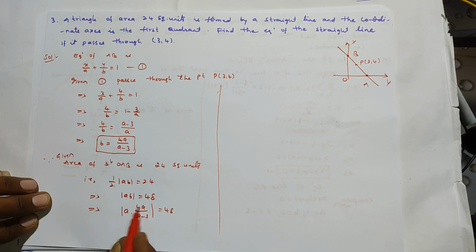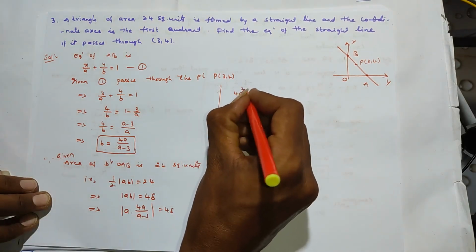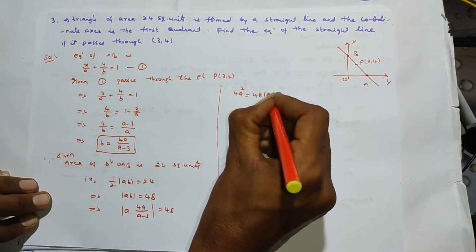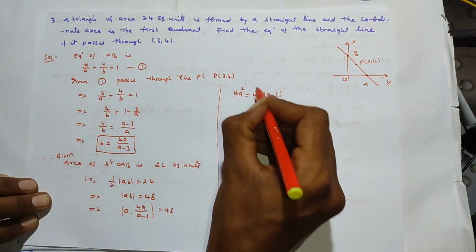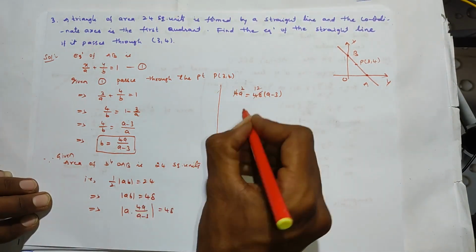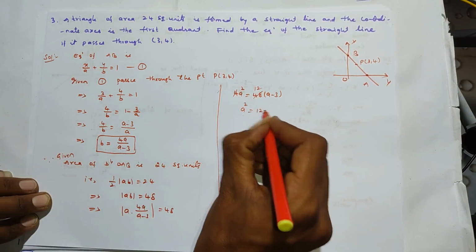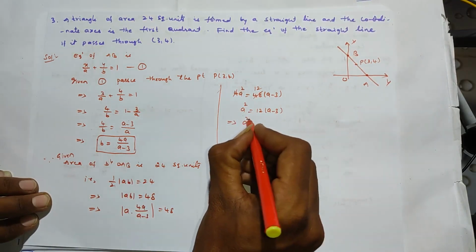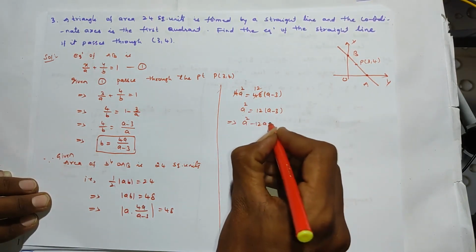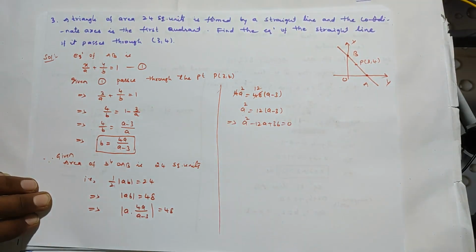Simplify this. 4a square is equal to 48 of (a minus 3), right? 48 of (a minus 3), and 4 twelves are 48. That is a square is equal to 12 of (a minus 3). That implies a square minus 12a plus 36 is equal to 0.